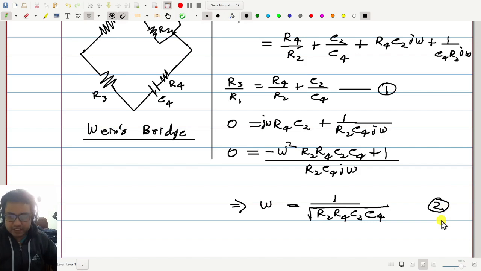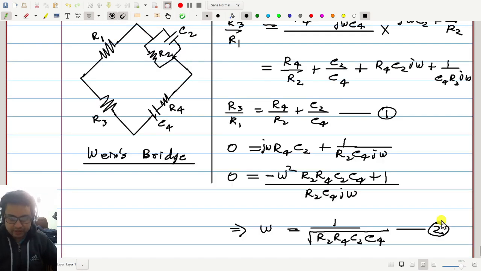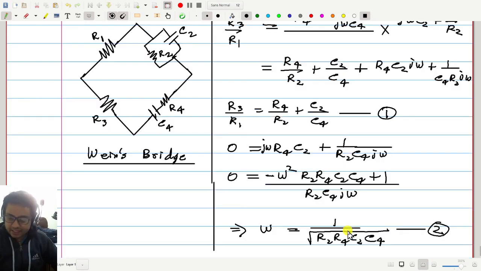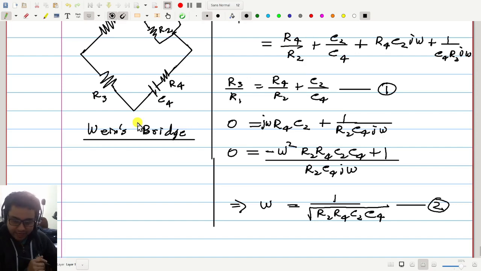We will always have two equations in any bridge based method. These two equations are not as nice as we got for yesterday's bridge, and the derivation was also longer. However, this bridge is not that ugly.